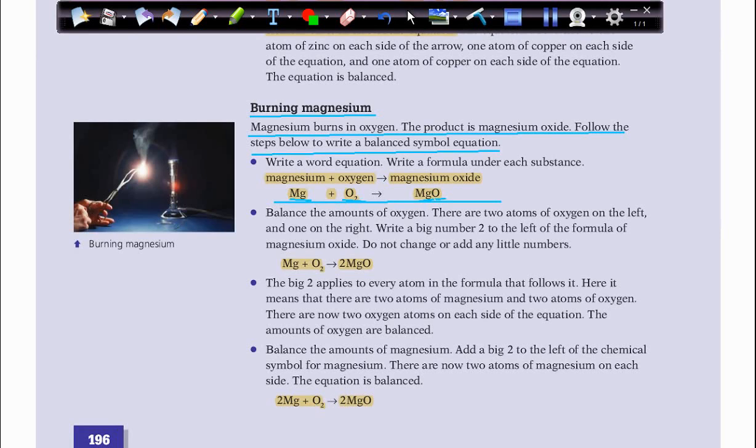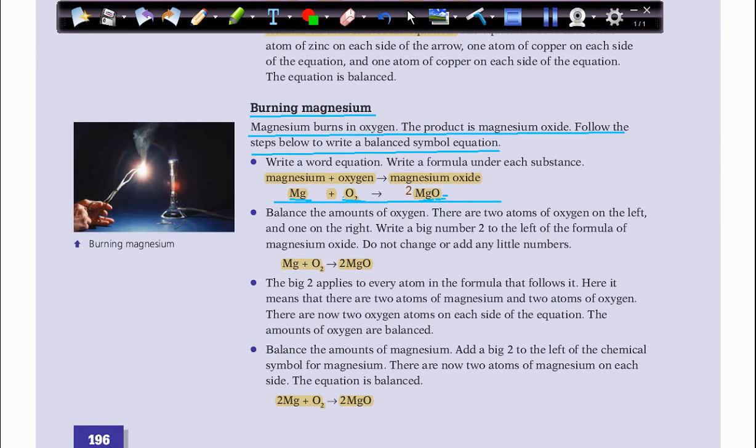I have to write a number. So what I'm going to do is balance the oxygen atoms here. I have 2 here, so I have to write 2. But where should I put it? Here, under? No, of course not. I have to write it here.